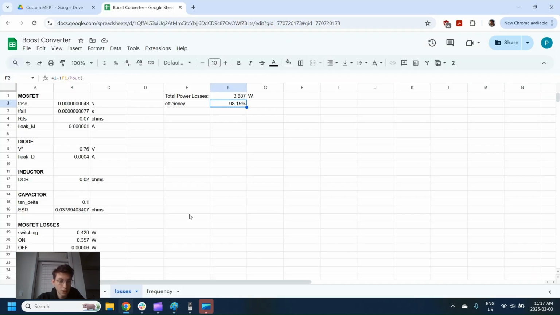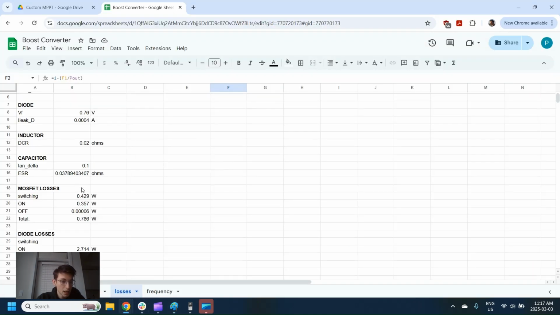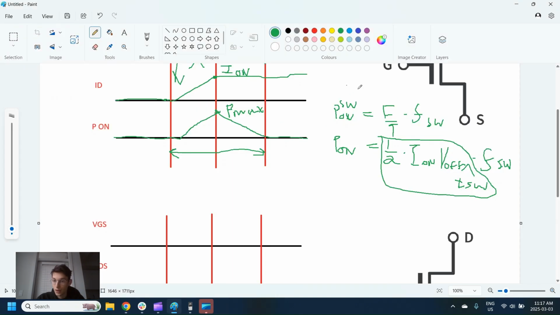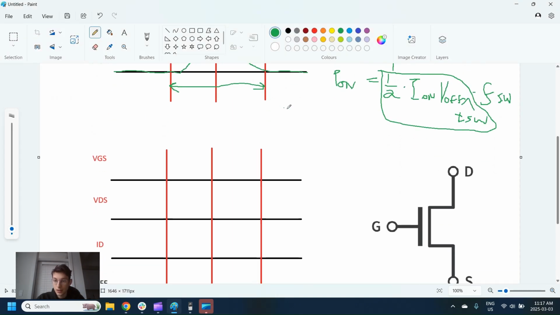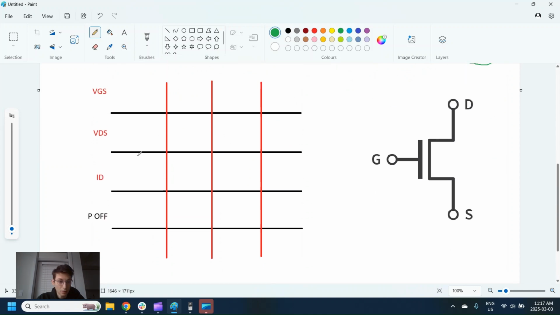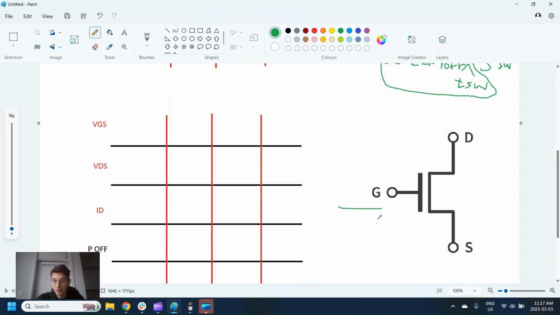So we can go back to our sheet here and look at the other section, which is turning it off. When we're turning it off, we have some signal where we're dropping to 0. So let's draw that here, and I'll run more quickly through this.